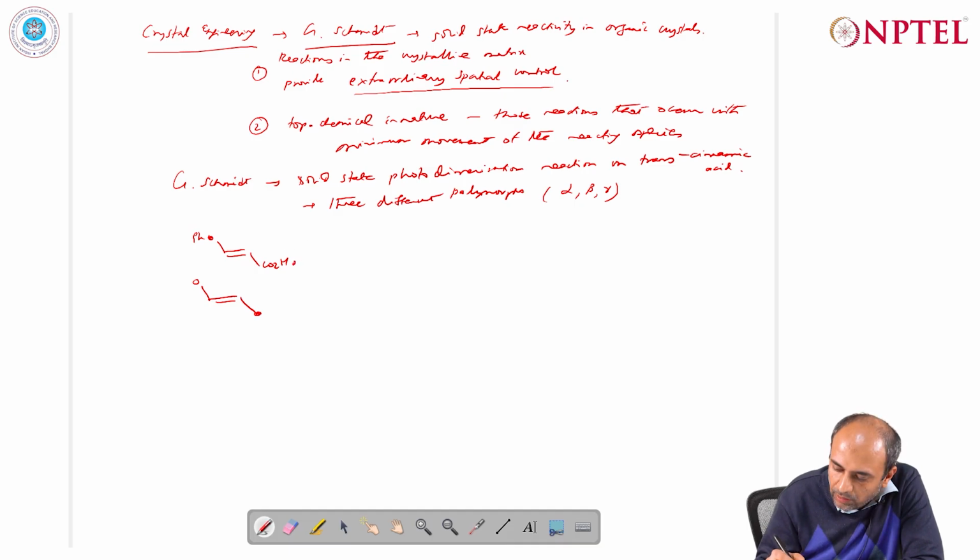so we represent this by an open circle. And they have the arrangement of Ph and CO2H trans to each other, whereas here it is the CO2H group on the top and the Ph at the bottom. And now the alpha form undergoes a 2+2 cycloaddition reaction to form the product.